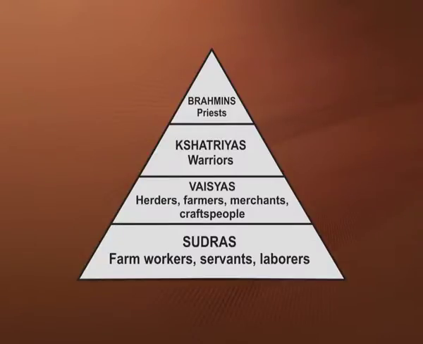The Varna system prevalent during the Vedic period was based upon division of labor and occupation. The caste system divides the society vertically. Every caste is further subdivided into subcastes, whose members follow a common occupation, social and ritual life, a common culture and are governed by an authoritative body which is the caste panchayat.